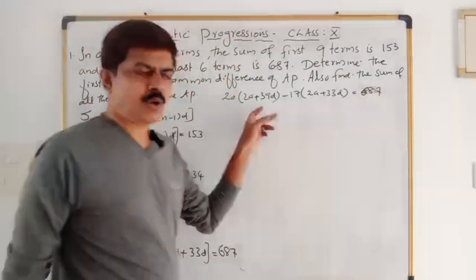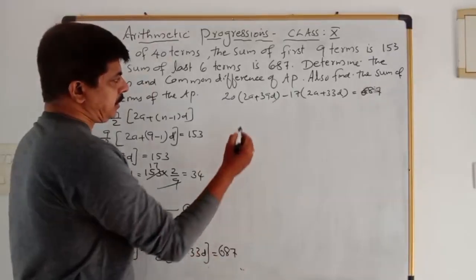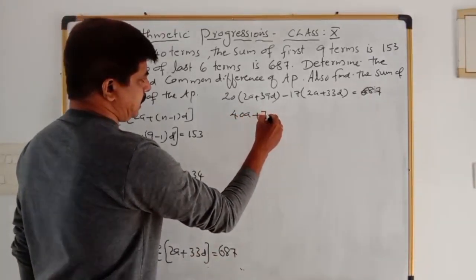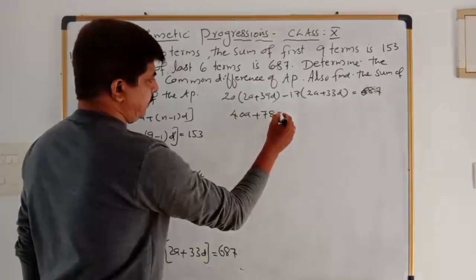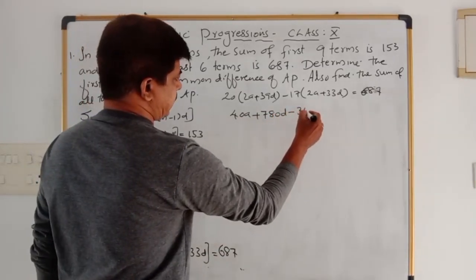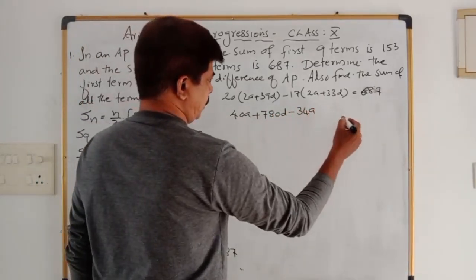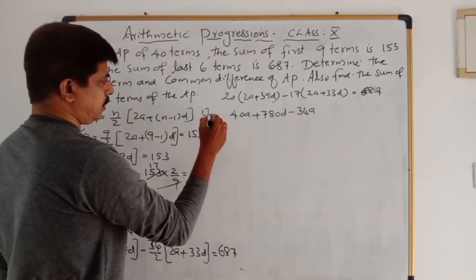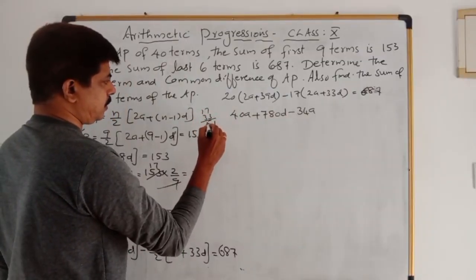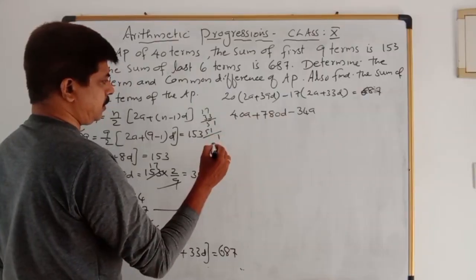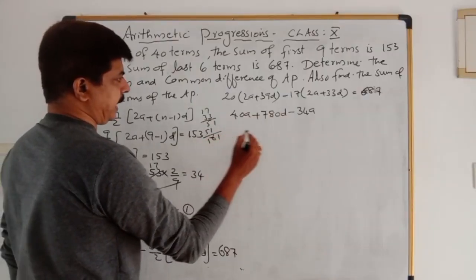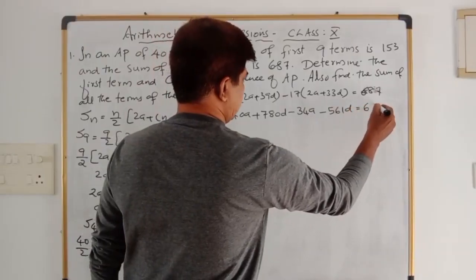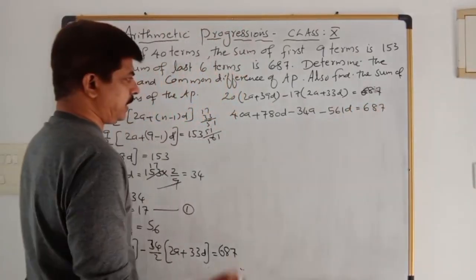We shall open the bracket and simplify it. 40a plus 780d minus 34a minus 561d is equal to 687. What is 17 into 33? 561.